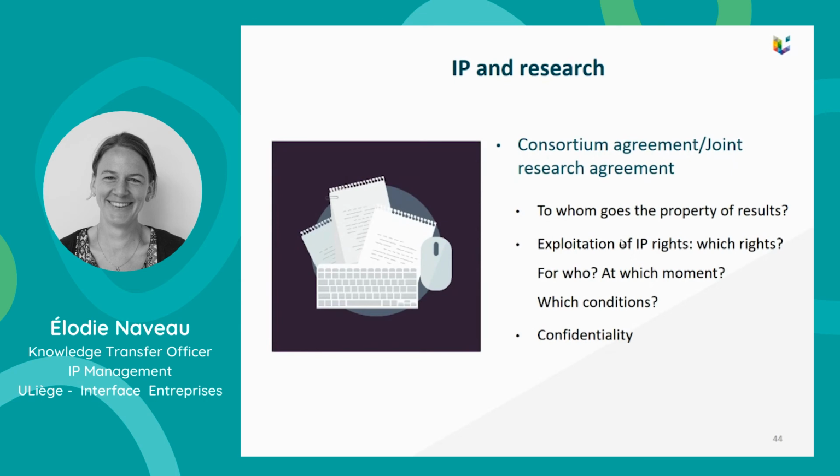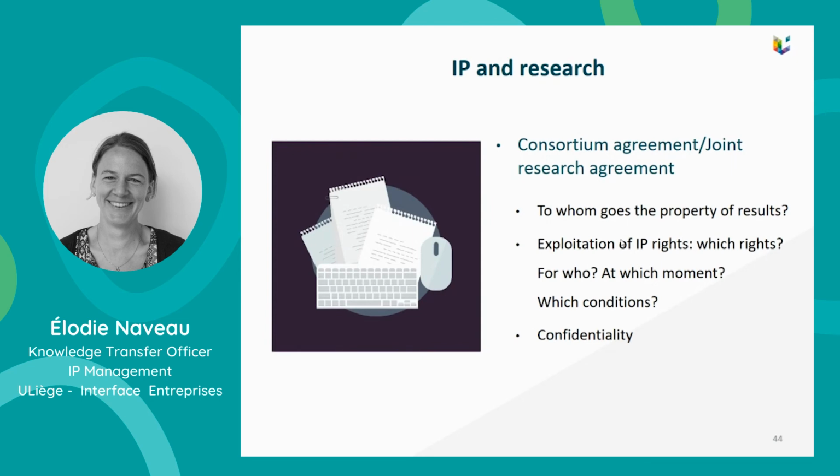At which moment do we have exploitation of IP rights, under which conditions? This can also be defined in the agreement. And another point is the confidentiality. It has to be stated in the agreement what is considered as confidential. Is it all the results?